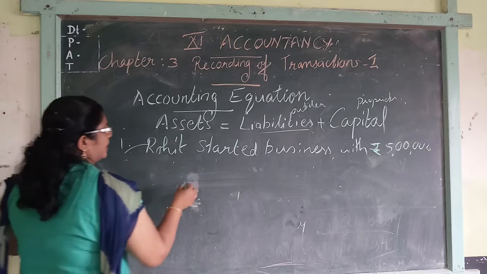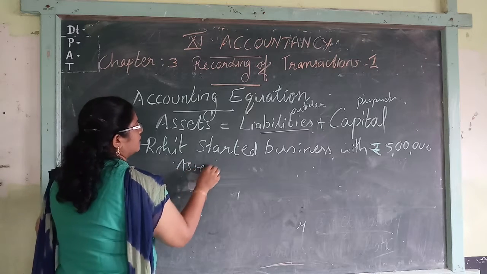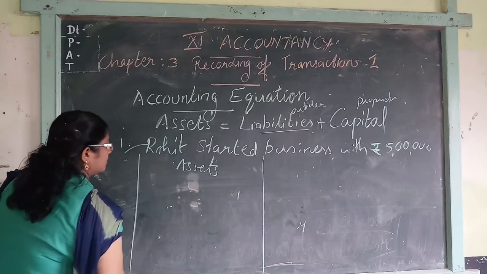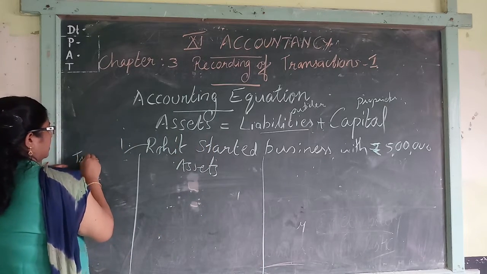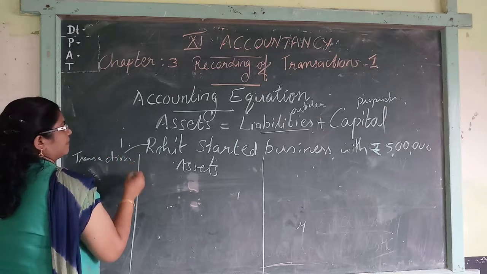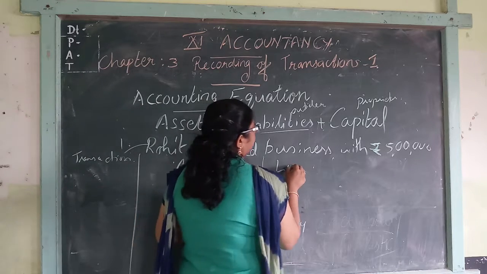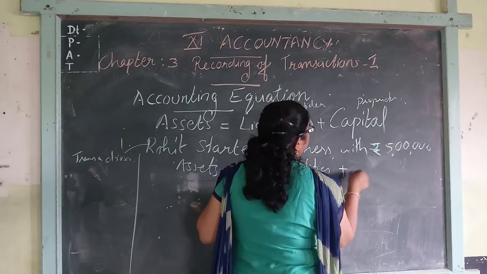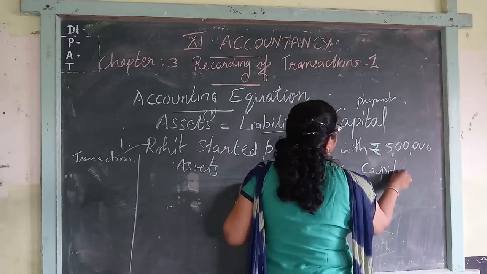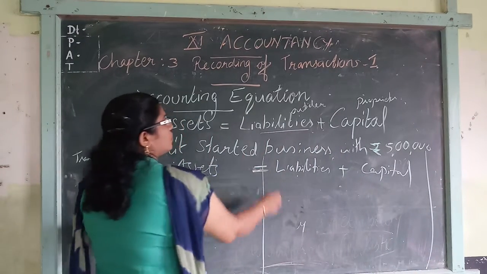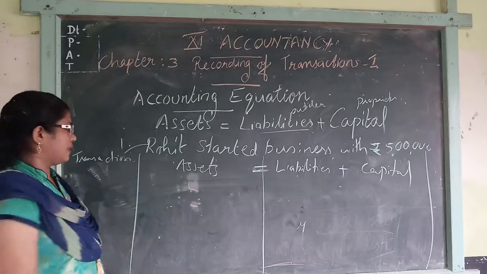Here we have the transactions column, then assets, then liabilities plus capital. So assets equal liabilities plus capital.